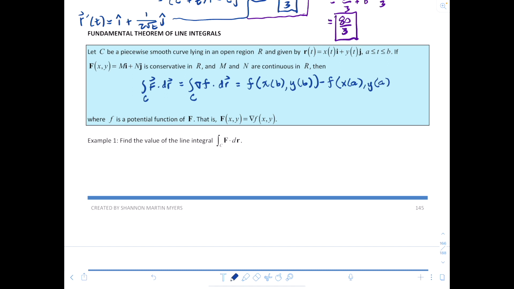So this should look somewhat familiar, a little more complicated than the fundamental theorem of algebra, but that's okay because it's the fundamental theorem of line integrals. And this f that we're talking about is a potential function of the vector field F. That means the vector field F of x and y is equal to del f of x and y.